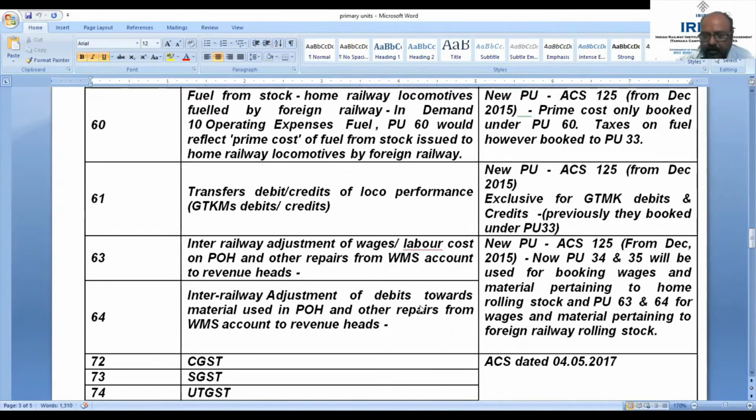But to distinguish the foreign railway expenditure from the local expenditure, 63 and 64 were created. So 63 and 64 are the foreign railway rolling stock heads. 63 is labor, 64 is material.